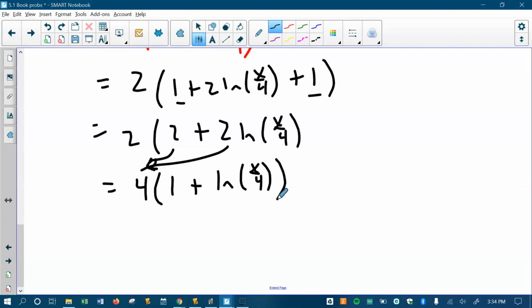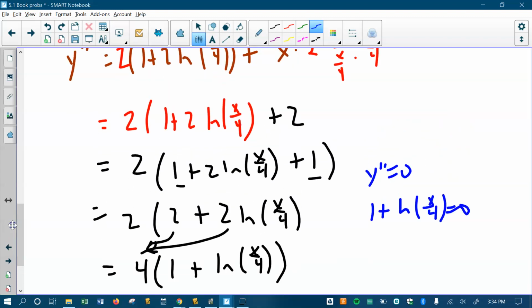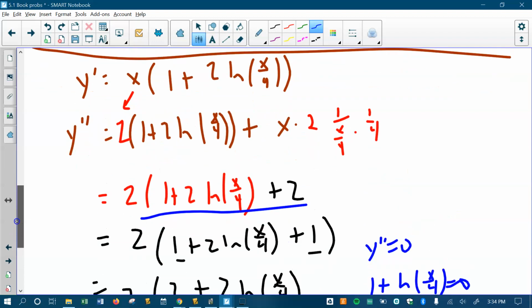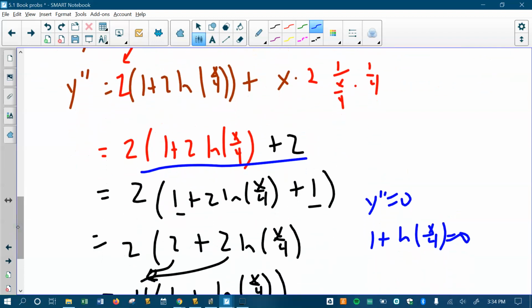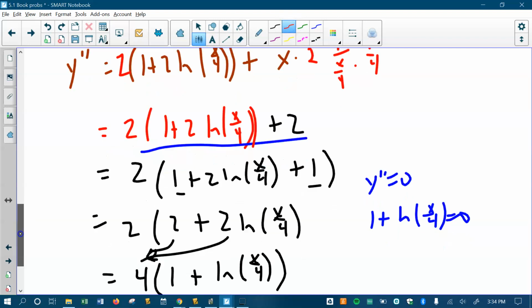Wow. Okay, let's go and do a second derivative test. Y double prime equals 0, which means that I need to set 1 plus ln of x over 4 equal to 0. By the way, you could have jumped right to y prime equals 0 at this step if you wanted to. You did not have to do all that extra work. Okay, so now let's get our answer here.